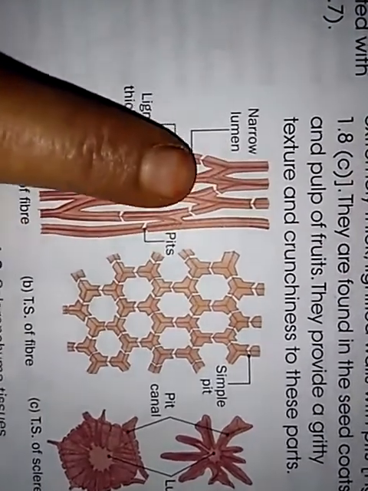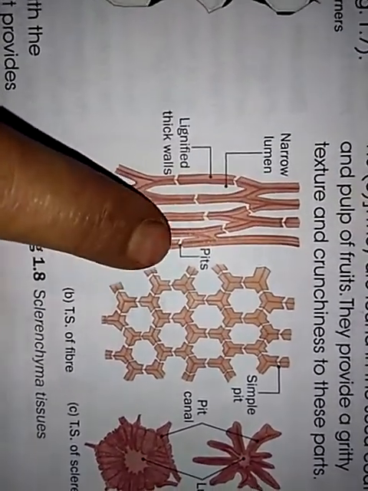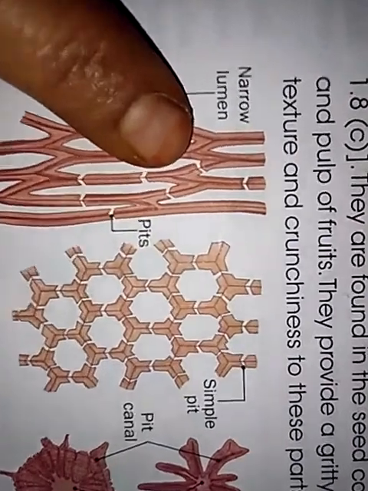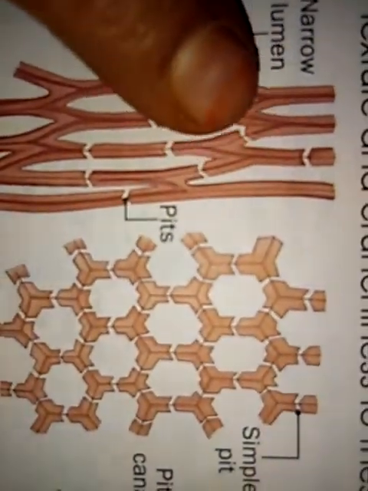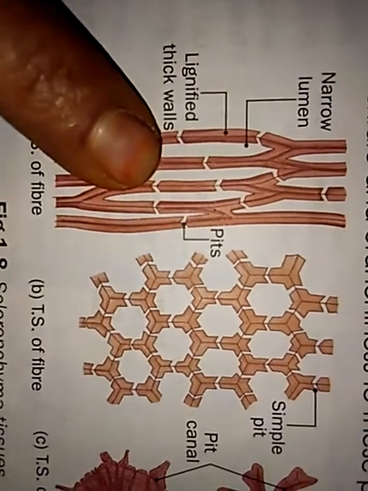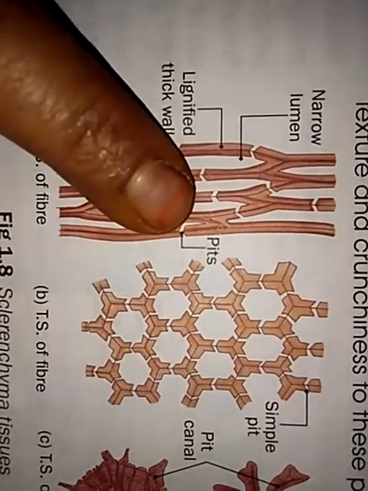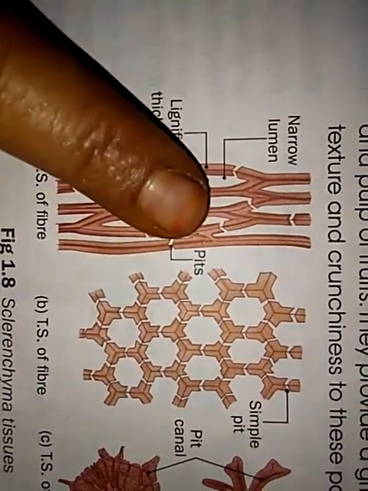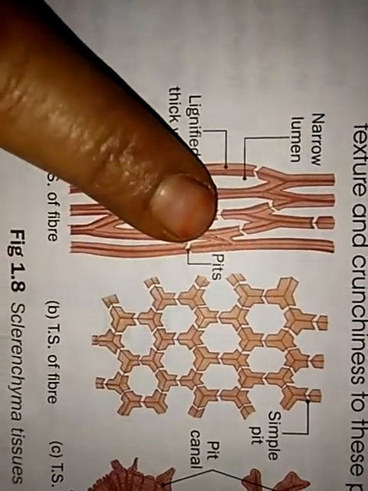There is no space between dead cells. See the picture? The cells are made up of dead cells. It is made up of thick-walled dead cells.